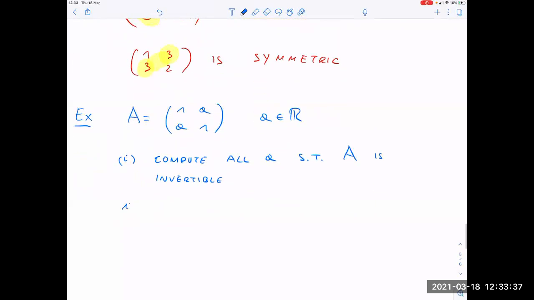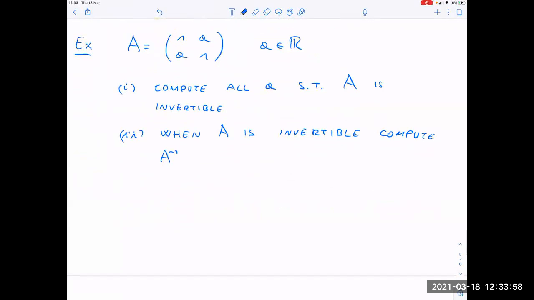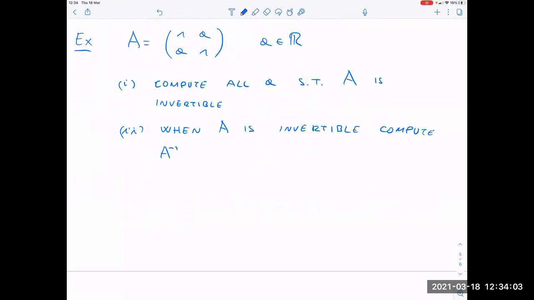And then, when A is invertible, compute A^-1. Okay, so you probably had time to think about this before. So for what values of a is A invertible? What are the values of a making A invertible? What do you think?